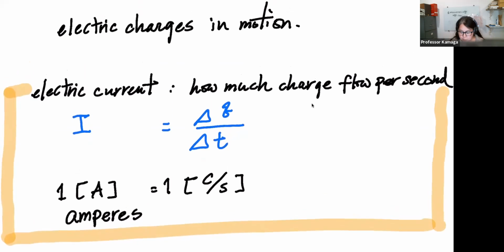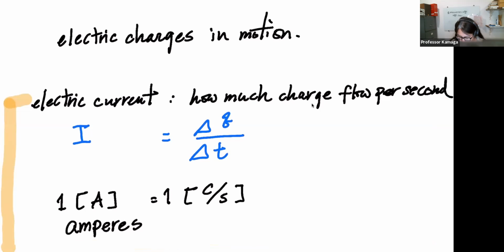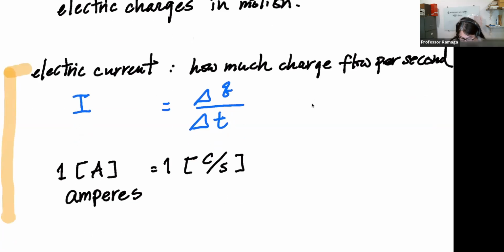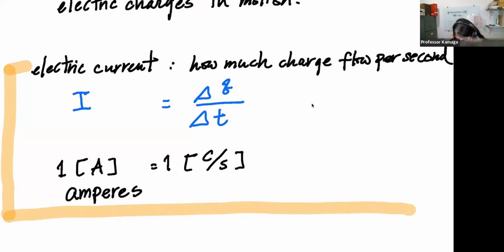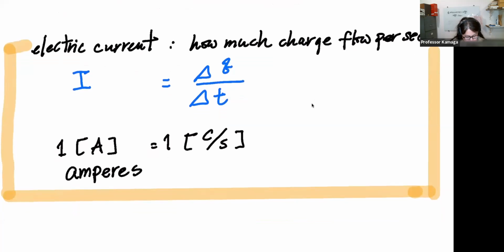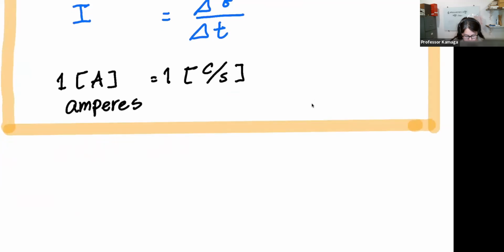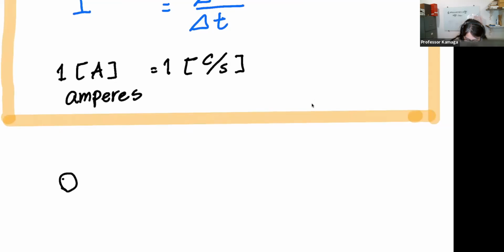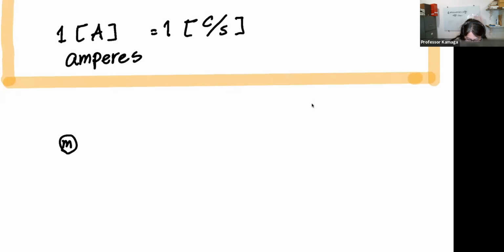So when do we see electric charge flow? For example, we can use an analogy with the gravitational force. When an object moves due to the gravitational force, it is when you have a height difference.